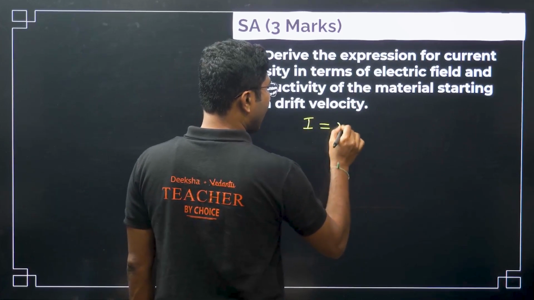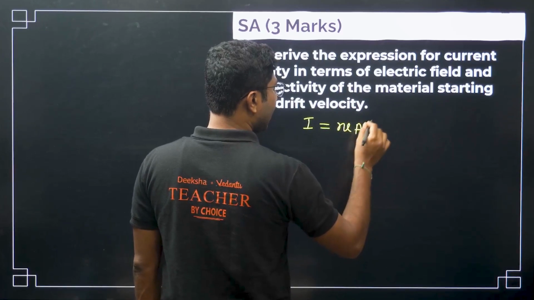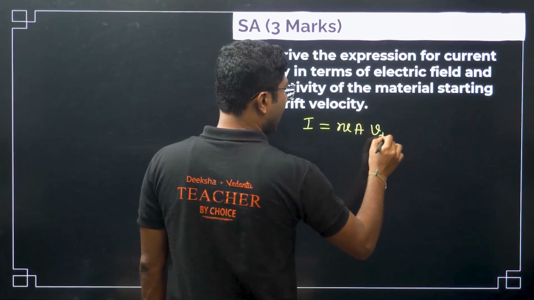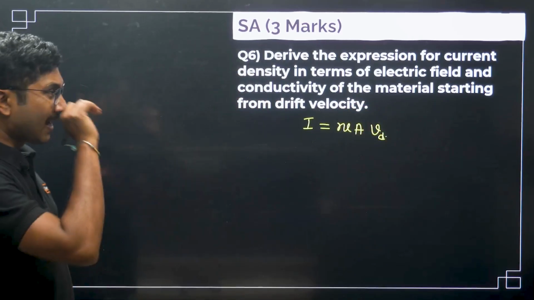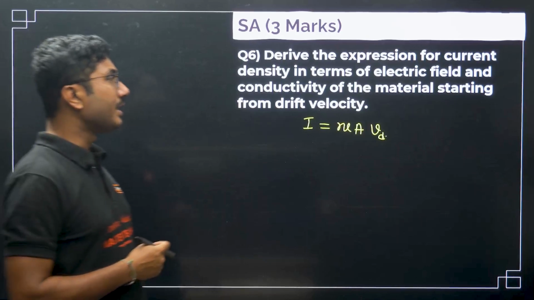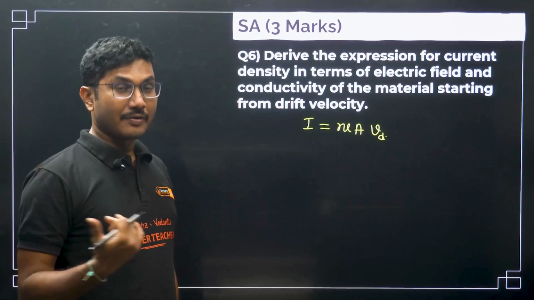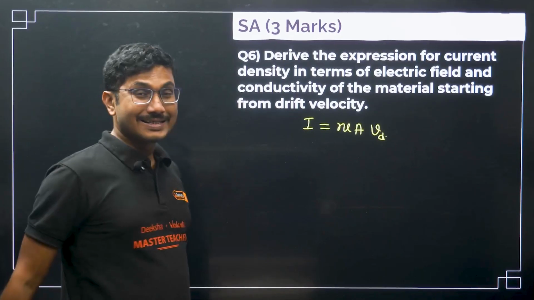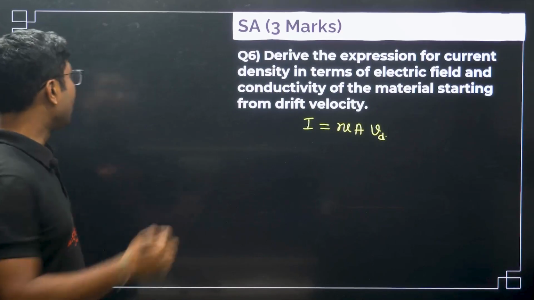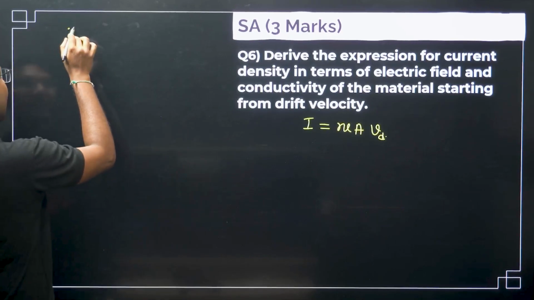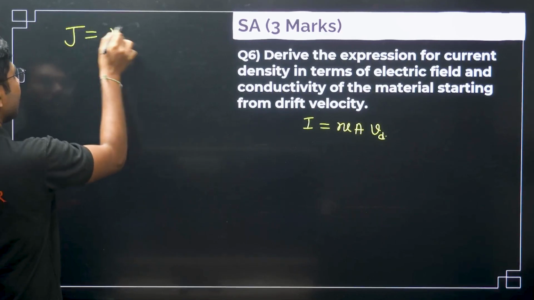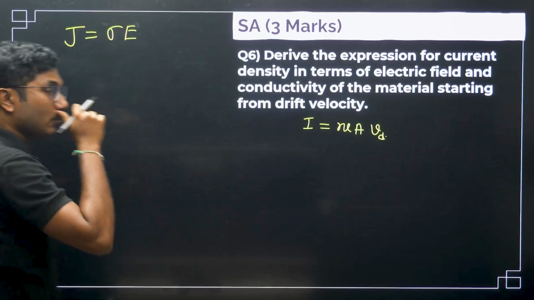I think the next question is the other form, but first we will start from drift velocity, that is I equals NEA Vd. Okay, so this is the starting point, and we have to find the relationship between the current density and electric field. In the back of your mind you should remember that J equals sigma E, that we are trying to prove.